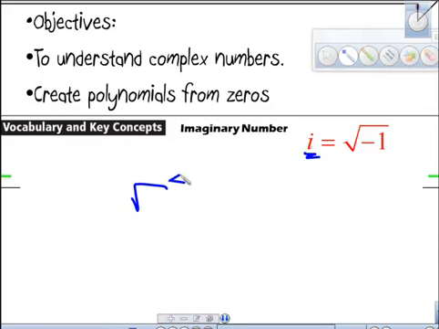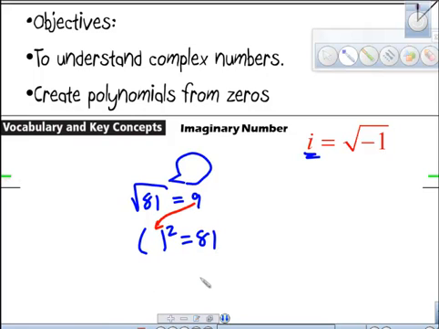It's saying to all of us, hey, what number was squared to get 81, right? So whenever we take the square root of 81, we think to ourselves, oh, well, 9 was squared to get 81. Okay? So this is how you might want to look at it. What number was squared to get 81? Well, that's the 9, right?